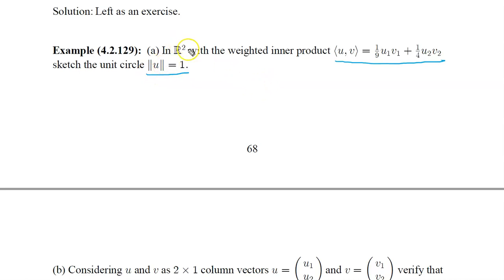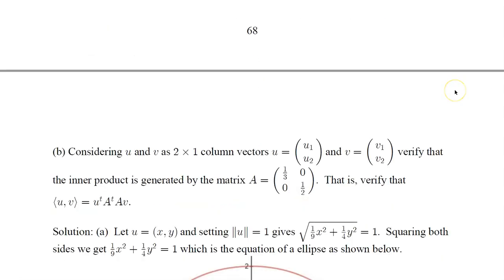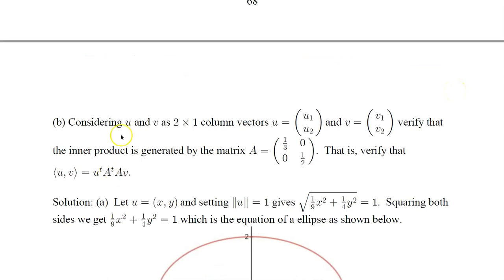So all the vectors in R2 that are of length 1, but with respect to this inner product. And then part B, we have another part here. Well, we actually already did part B. Considering u and v as 2 by 1 column vectors like this, verify that the inner product is generated by this matrix. We actually already did that problem previously.